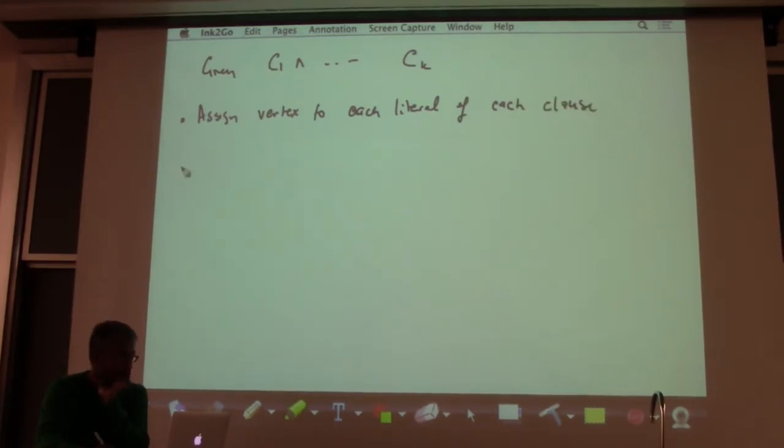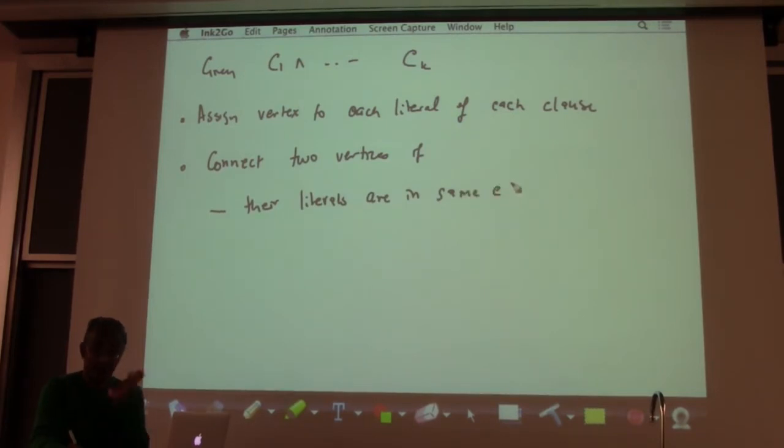Connect two vertices if their corresponding literals are in the same clause. That uses the triangle.